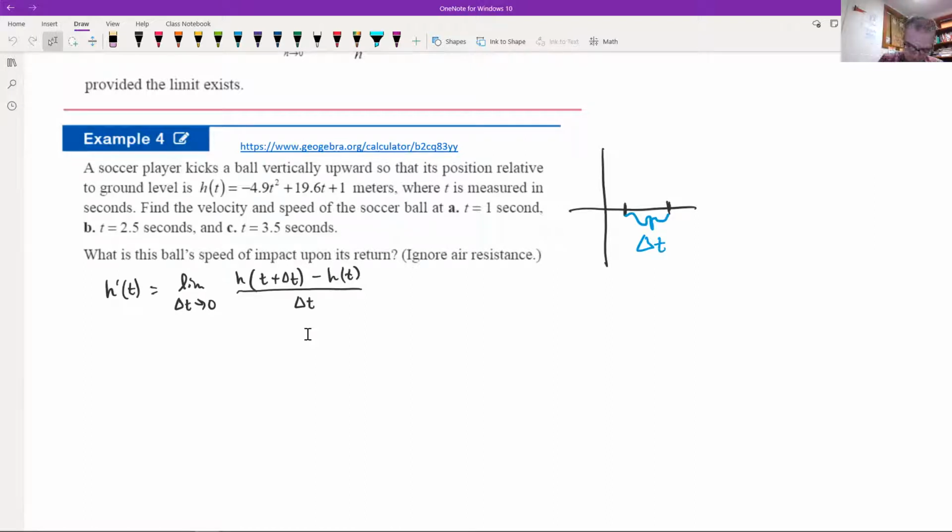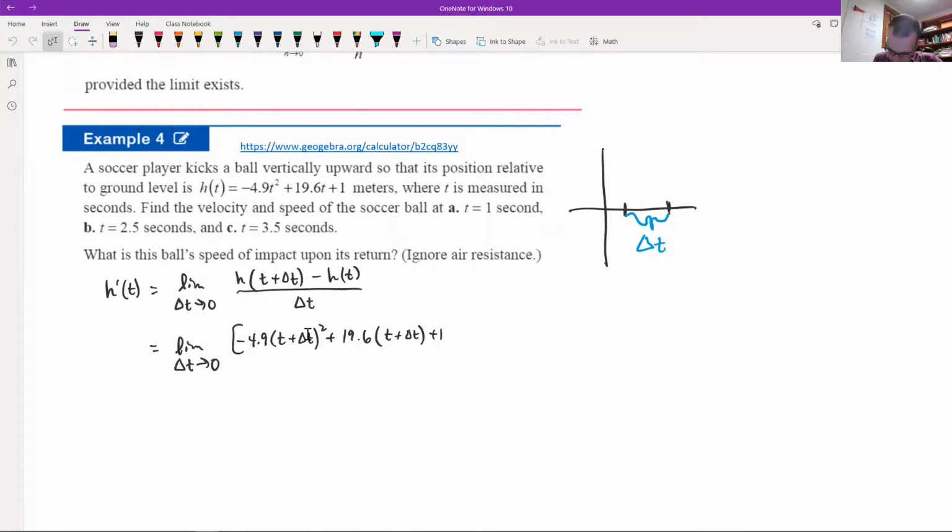We plug this in. This is going to be a little bit of a nightmare. We're plugging in t plus delta t everywhere where we see t up here. So we get minus 4.9 times t plus delta t squared, plus 19.6 times t plus delta t, plus 1.